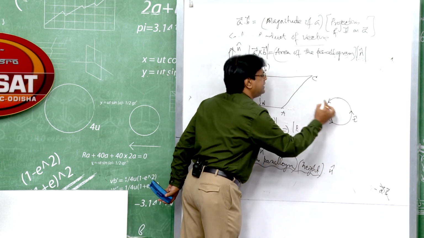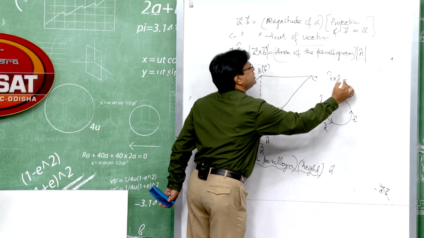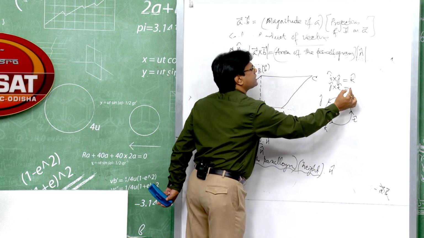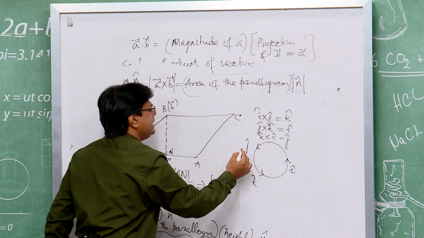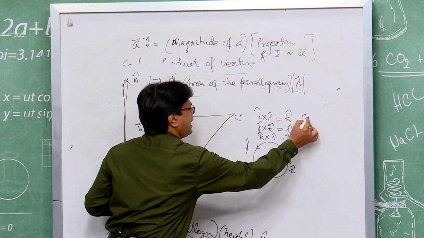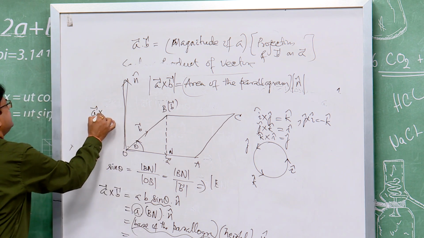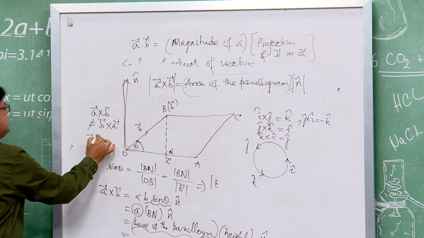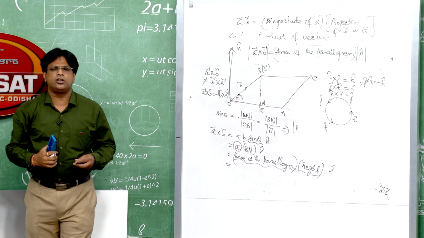Suppose this is your unit vector i, this is j, this is k. i cross j is equal to k, j cross k is equal to i, k cross i is equal to j. If the reverse direction occurs, suppose j cross i is equal to minus k. So, A cross B is not equal to B cross A; A cross B is equal to minus B cross A. So, the cross product of two vectors is not commutative.